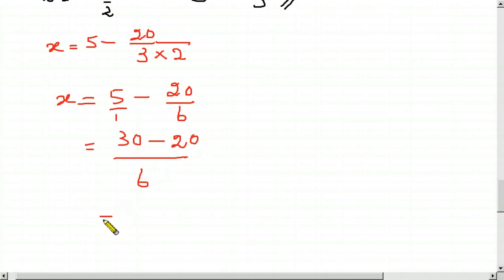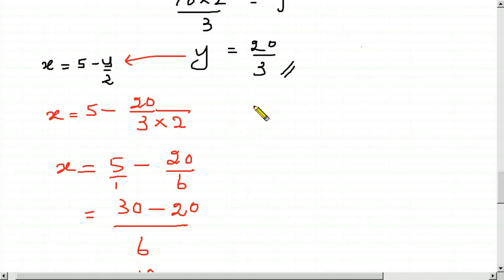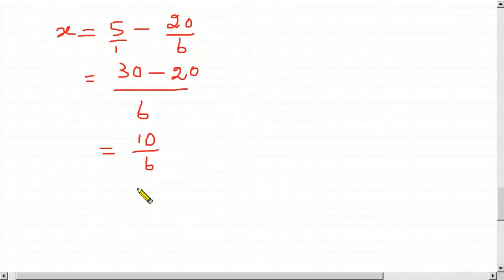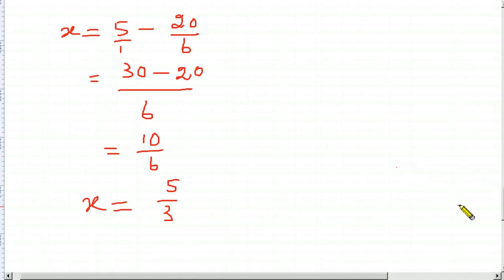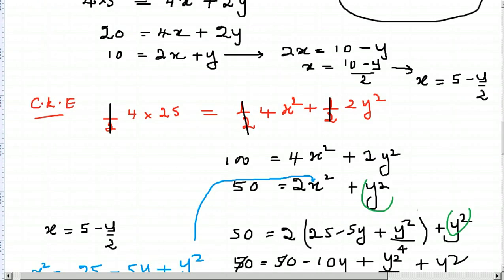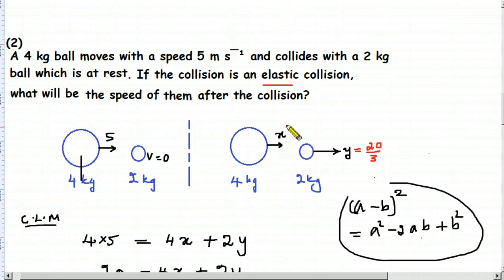Then here 30 minus 20 is 10 divided by 6, but here something divided by 3 we have taken, therefore we have to convert this the same way. Then x equals 5 divided by 3. So let us write that close to the variable x, 5 divided by 3.